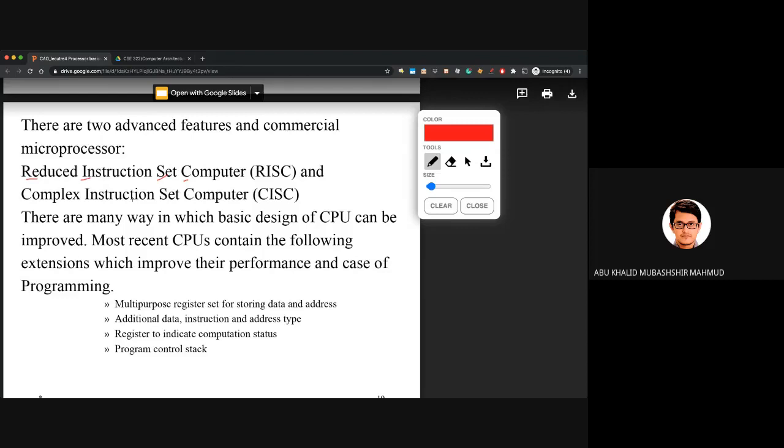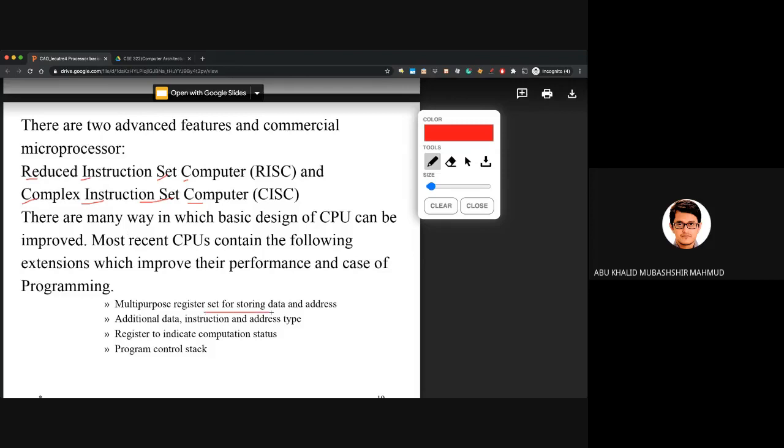Reduced, we get R from this word. Instructions I, sets S, and C from computer. And the CISC architecture has complex instruction set computer. There are many ways basic design of CPU can be improved. Therefore, most recent CPUs contain the following extensions which improve the performance and ease of programming.